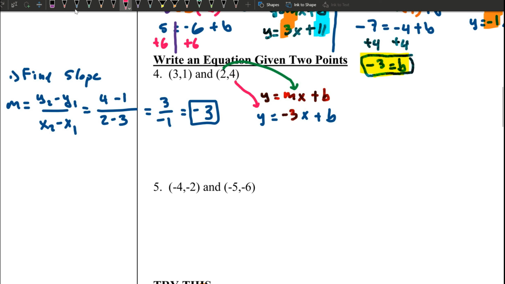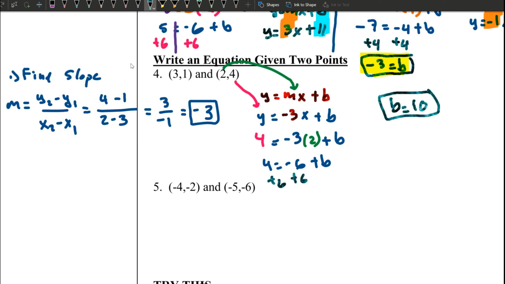You're going to plug it in. So 4 equals negative 3 times x, which is 2, plus b. So 4 equals negative 6 plus b. Then you're going to add 6 to both sides. b equals 10, right?